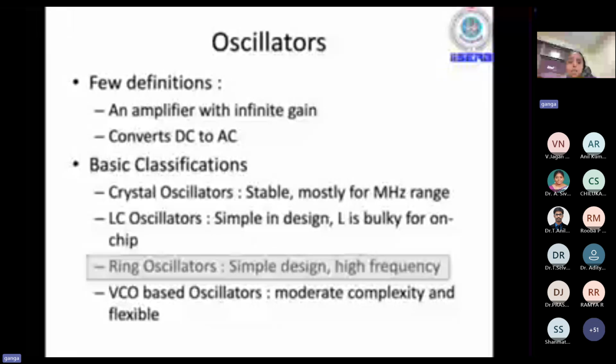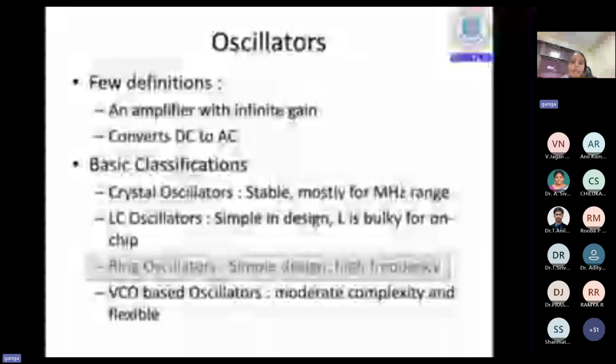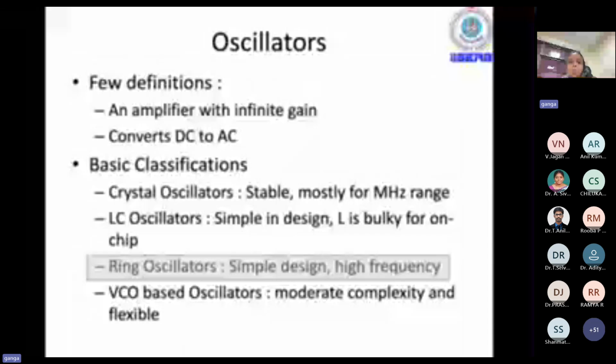On the other hand, the LC oscillator is also quite popular and easy to implement. They are very simple in design. But when we want it on chip, the inductor is very bulky and it is leaky also. So it is very challenging to get a high quality inductor. So for integrated solutions, this is not the best way.